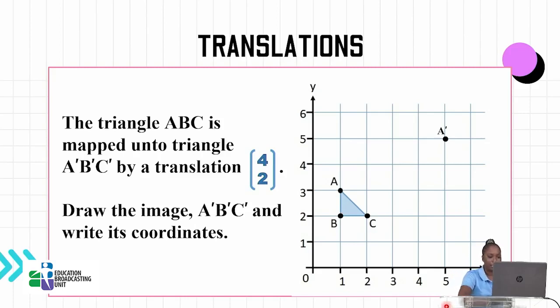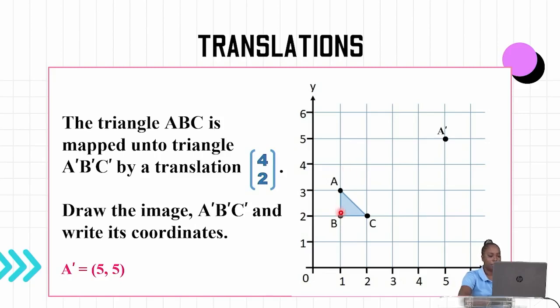What position is that? Well, remember we read the x value first and then the y value. And this is located at 5, 5. So A prime, its coordinate would be 5, 5.